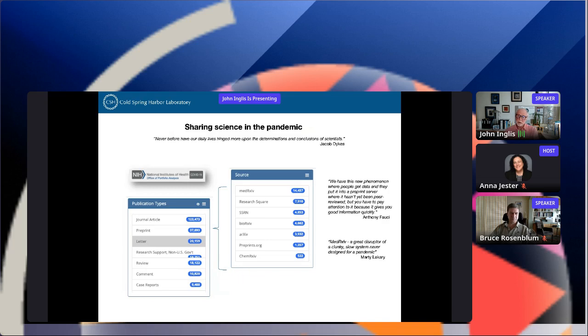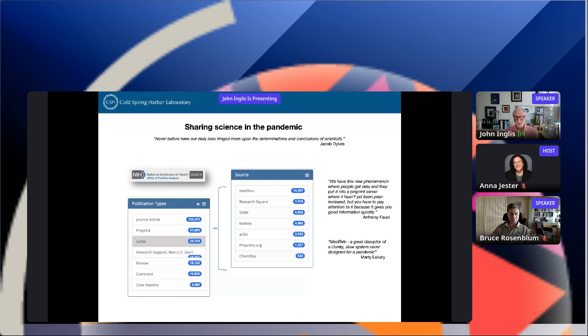So we're going to talk about the pandemic and how could we not? It's had such a dramatic influence on everything, every aspect of our lives, and scientific communication has, of course, been part of that. The NIH Office of Portfolio Analysis is keeping track of the COVID-19 related literature, and this is a snapshot from yesterday of their collection.